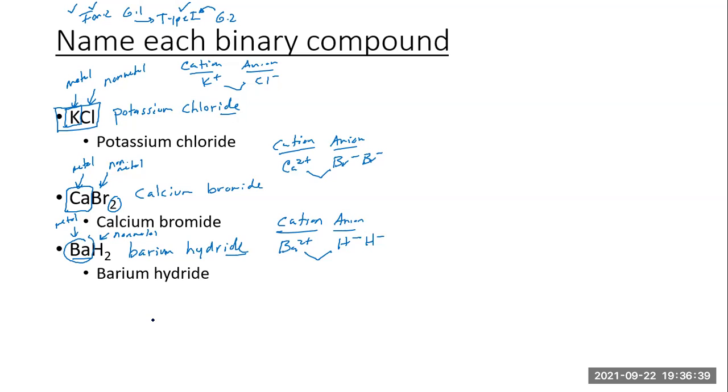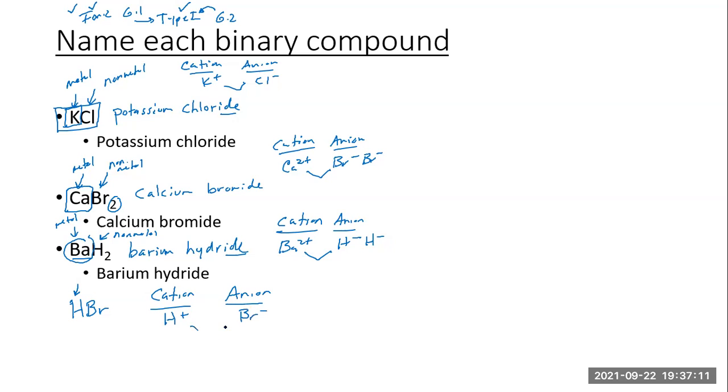This is really the case where you will probably only see hydrogen as a negative charge: when it follows a metal in a compound. If hydrogen comes first, for example, like HBr, even though technically they're both nonmetals, hydrogen is almost named like a metal, a type 1 metal. Basically this is a cation that is H+ and an anion that is Br-.